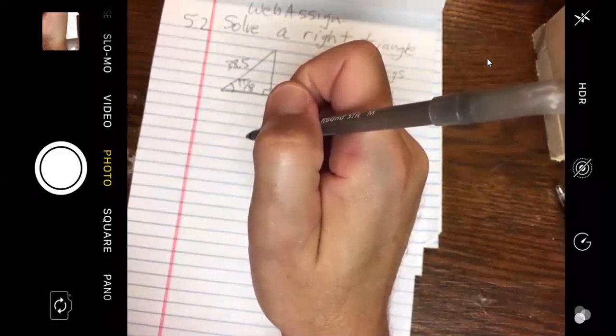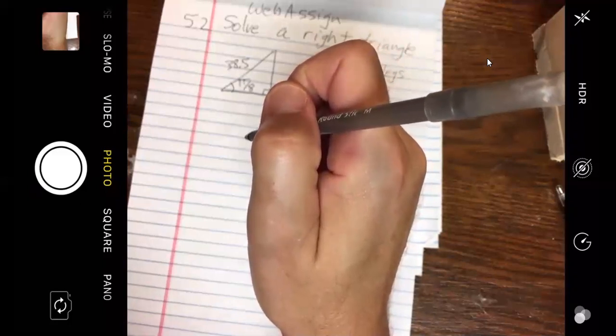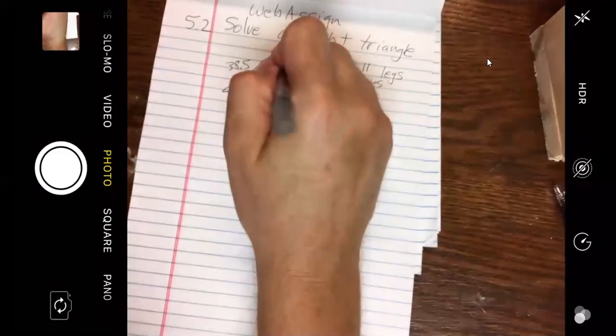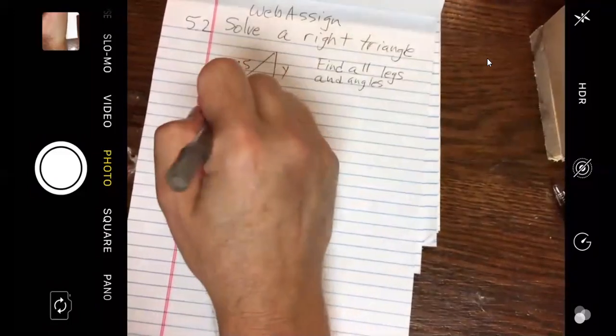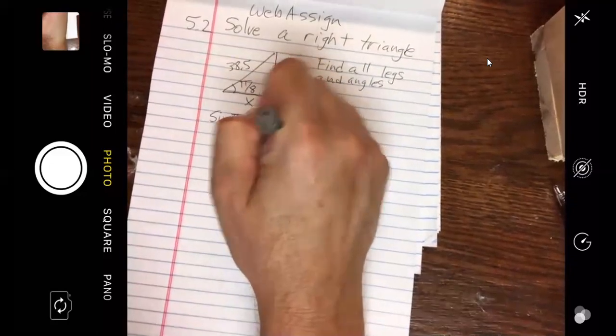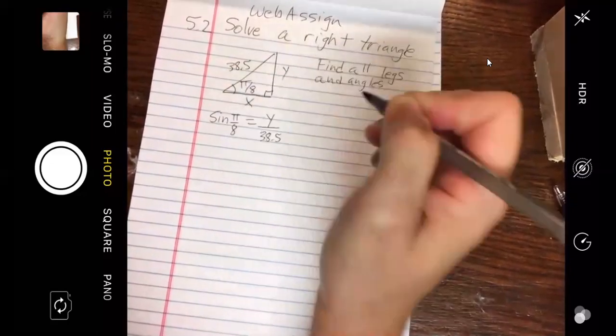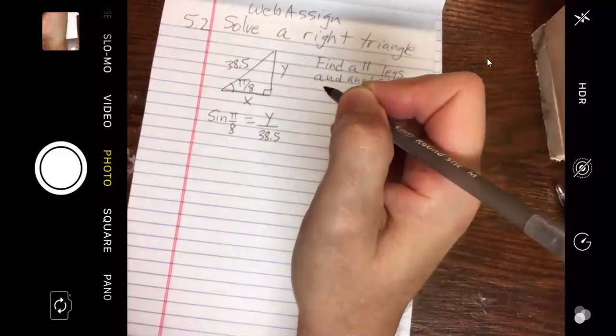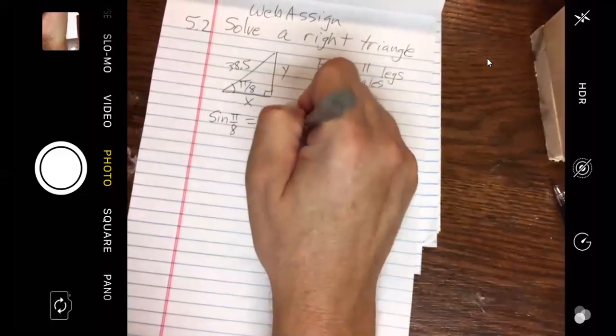I found the legs and everything. I just used sine first. I did sine of pi over 8, and I did that equal. I'll call that y, this x. So you started with sine of pi over 8? Yeah, that'd be equal to opposite over 38.5. Okay, multiply by 38.5.